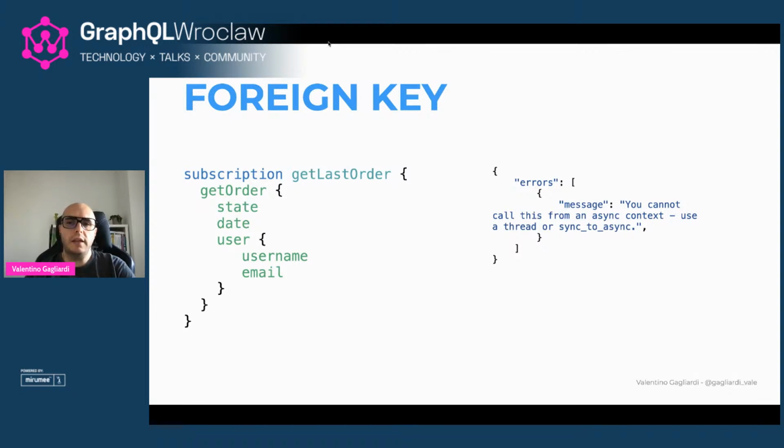Again, we will get this: you cannot call this from a sync context, and so on, because we are trying to access the foreign key, but Django won't evaluate this foreign key immediately. So that will be evaluated in a synchronous context, not in an asynchronous context.